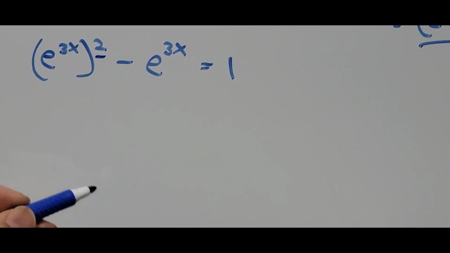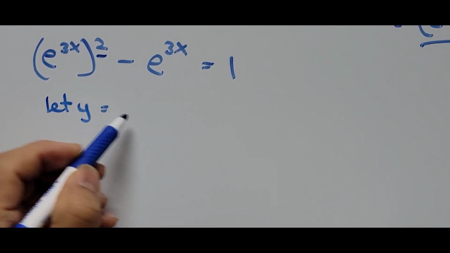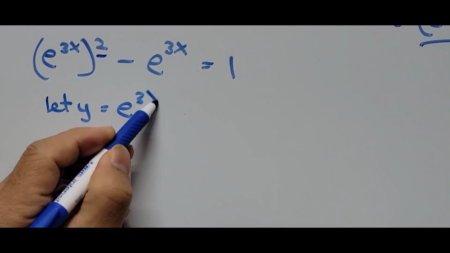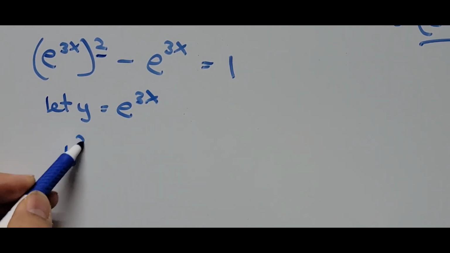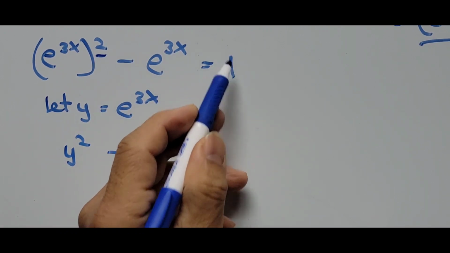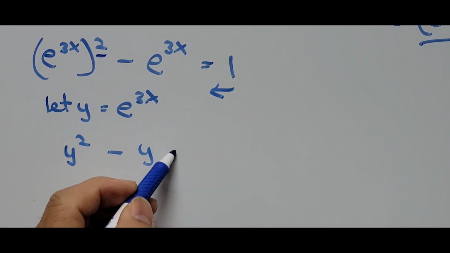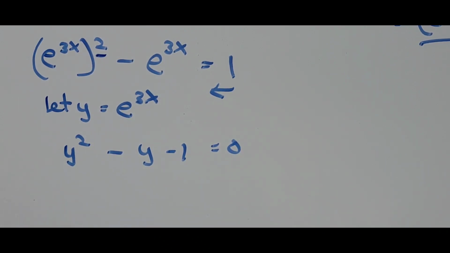So in here, I'll be using y. So let y be the value of e to the power of 3x. The equation now becomes y squared minus y, and transposing 1 to the left side, it will become negative 1 equals 0.